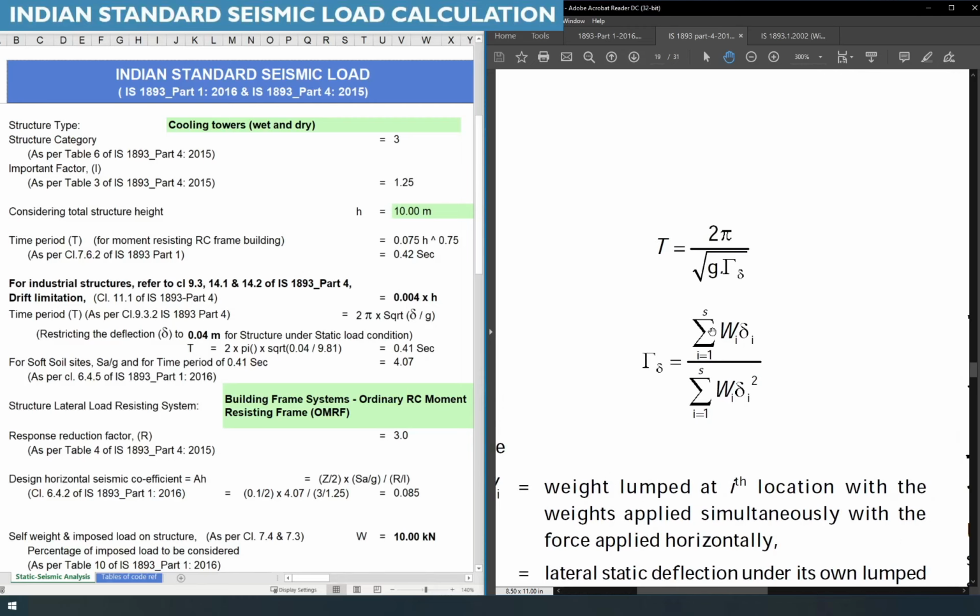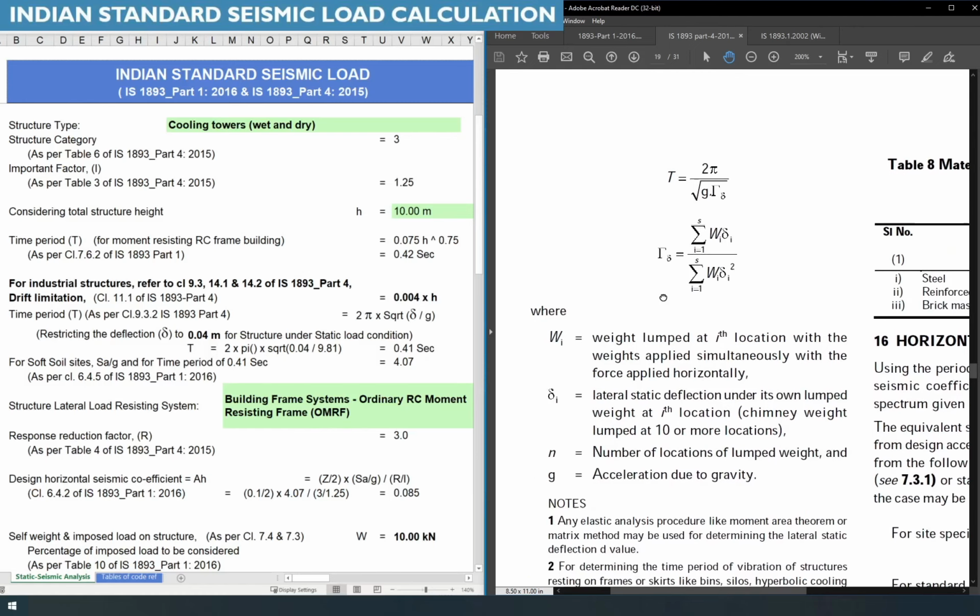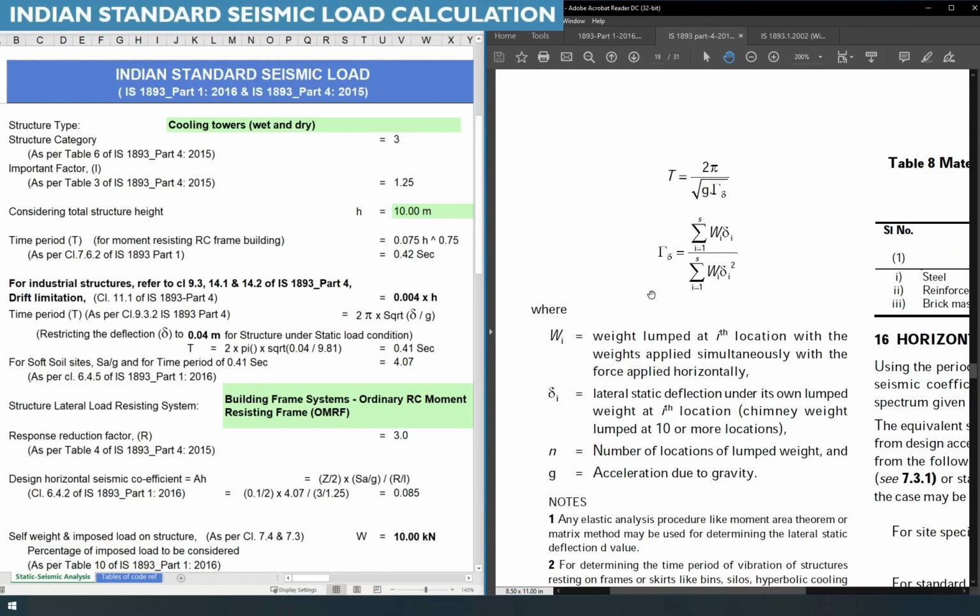For that we need to calculate the vibration and deformation of the structure. It will take much more time if we do it with an actual model. So I am giving you a shortcut to find this delta value. There is a clause in this Part 4, clause 11.1, which talks about the drift limitation.